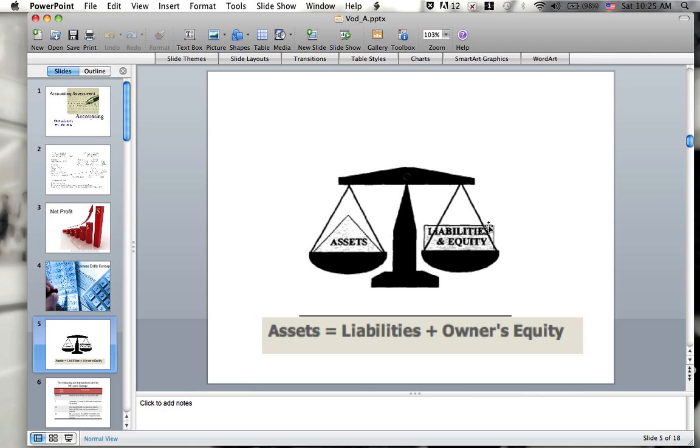Assets, liabilities, and equity are the 3 components that make up a company's balance sheet. The balance sheet shows a business's financial condition at any point. Assets are anything tangible or intangible that are capable of being owned or controlled to produce value, which have positive income value. Liabilities are those amounts owed by a business at any one point.